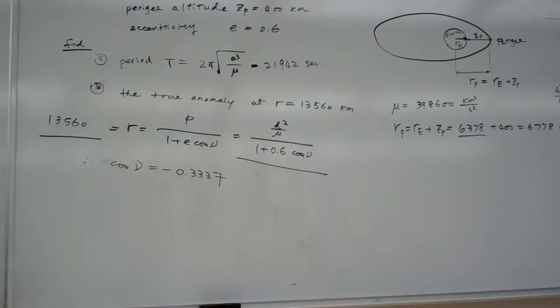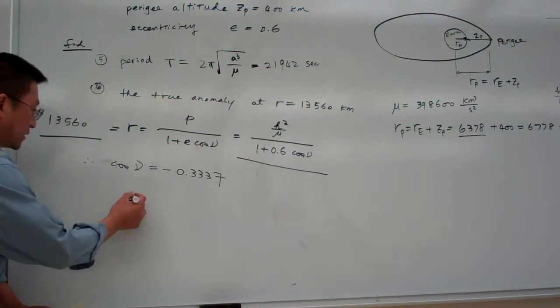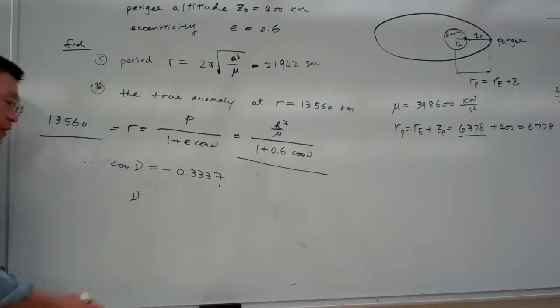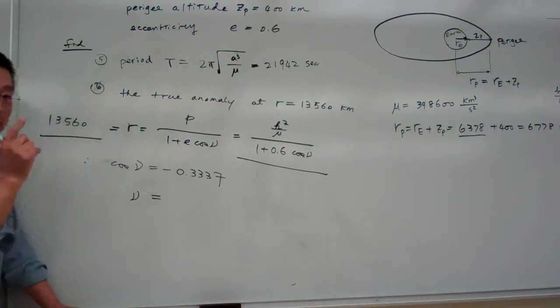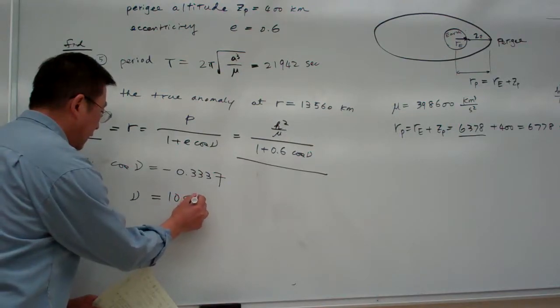Okay, so if we punch the calculators, we see this trigonometry here. If you punch it in the calculator, I think the calculator will give you only one number, and that number should be 109.5.